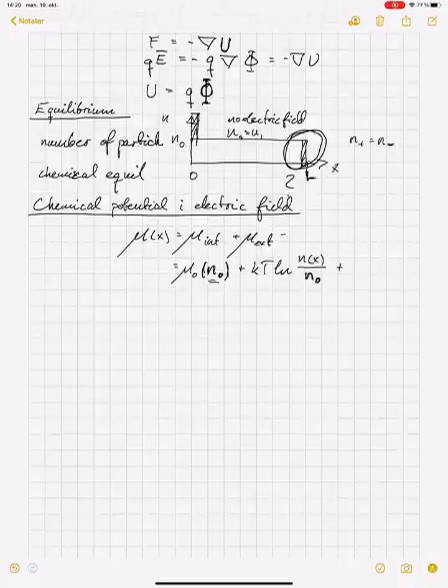And then the external part, well, that's the potential energy per particle in the electrical field, which we just found to be Q, the charge, times the electrical potential.